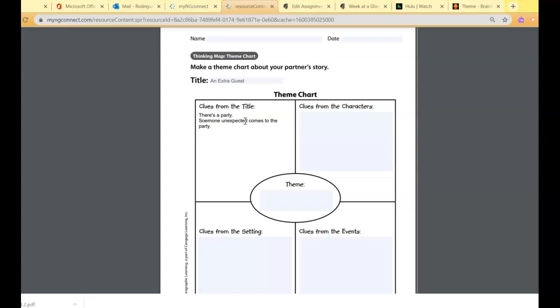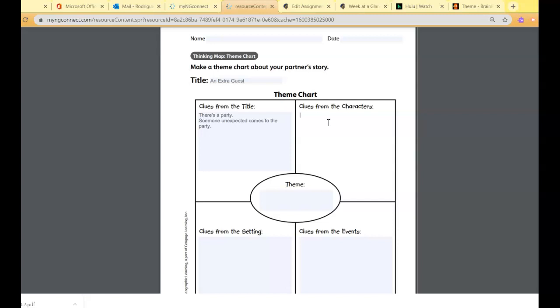But then when we start reading, we take a look and see what we learn about our characters. And what do we know about the characters from our story? Well, Marty comes in, and how do you think that she feels when she gets there from being the only person there that nobody knows? Well, if we look on page 212, it gives us a little bit more information, and we can look at Marty's face that way when we're looking at the story.